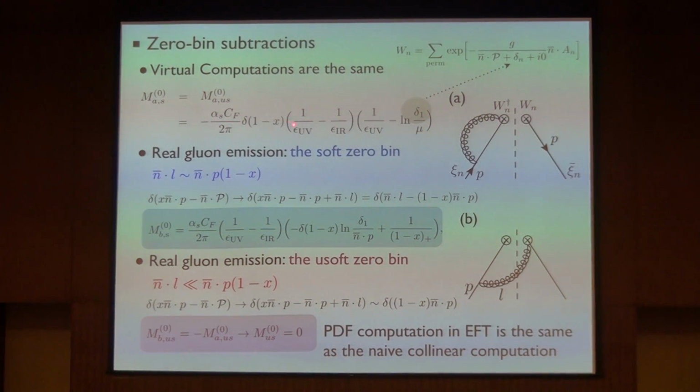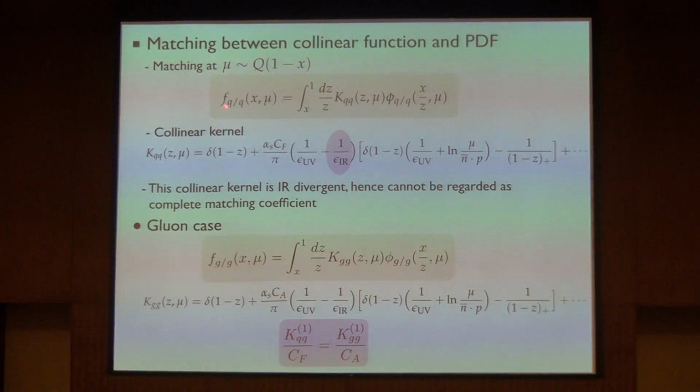However, for the collinear functions, because we have a clean difference between these two, we have some nontrivial region. Actually, the collinear functions can be defined at the scale Q times 1 minus x. Here x equals 1, the threshold region, the endpoint region. Because this collinear function is defined at this scale, in principle it can be matched onto the parton distribution functions, leaving this collinear kernel.